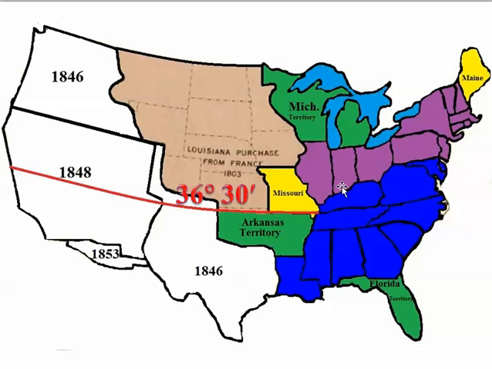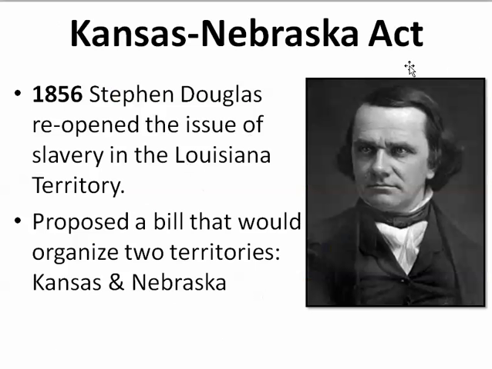But to settle this issue of slavery within the Louisiana Territory, how would we know if it becomes a slave state or a free state? Well, this 36°30' line was established that said everything above that line had to be free territories. If those states come in, they had to be free. In the Kansas Nebraska Act, Stephen Douglas reopens this issue of slavery in that area in the Louisiana Territory.